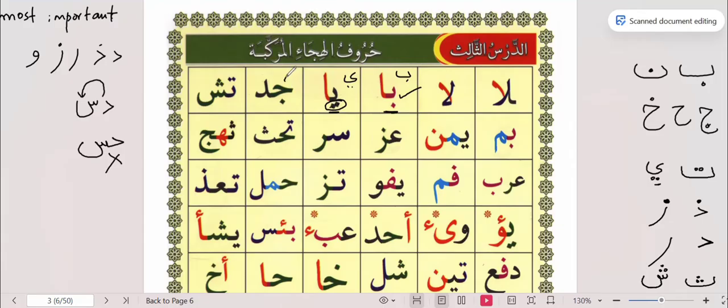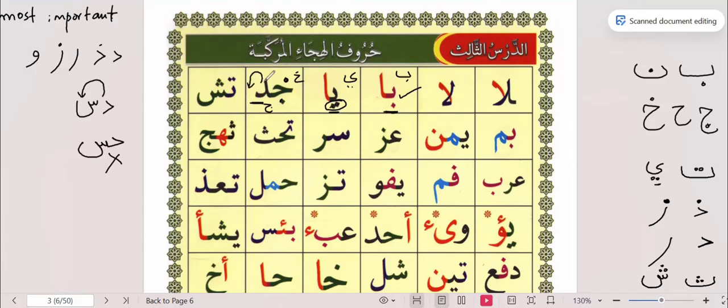If the dot is on the head of the letter, you should know it is Kha. When the dot is at the bottom or in the tummy of the letter, then you should know it is Jim. And as you can see, letter dal is not joining to any following letter.